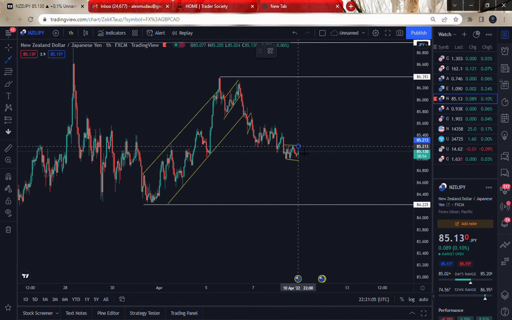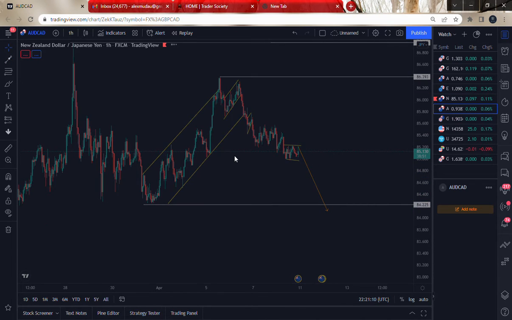If it breaks this correction, the price should continue to go to the downside and complete the 90% rule like that. Okay.